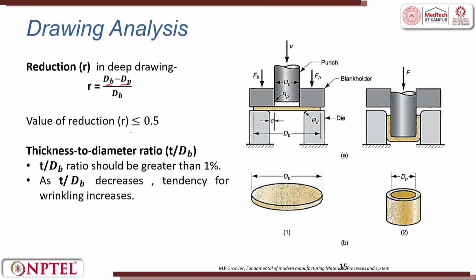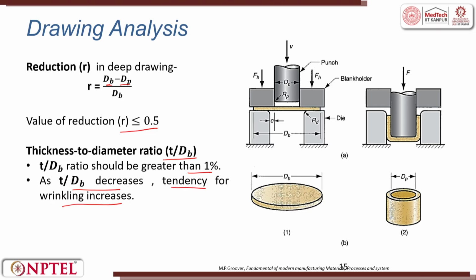This is the value of reduction, which is typically less than equal to 0.5. Thickness to diameter ratio, that is T by dB, should be greater than 1%. As T by dB decreases, the tendency for wrinkling increases. Because if thickness is very less, it just looks like a very thin sheet or just like a paper that will wrinkle if you try to draw it. So this thickness ratio is generally greater than 1%.